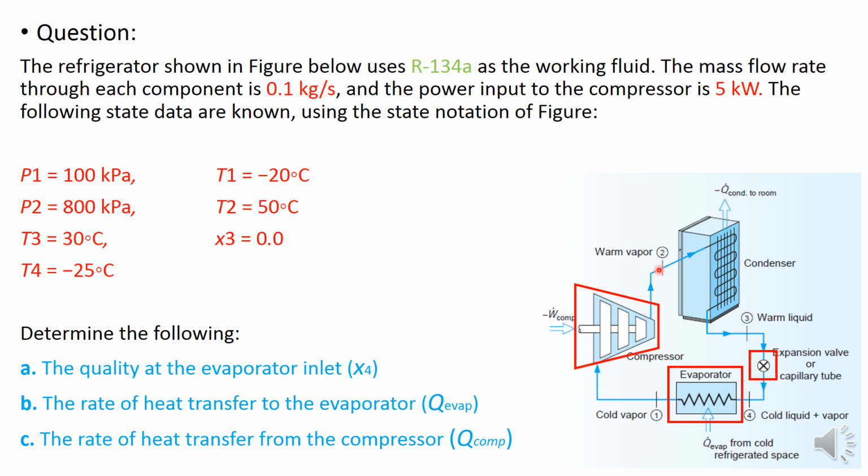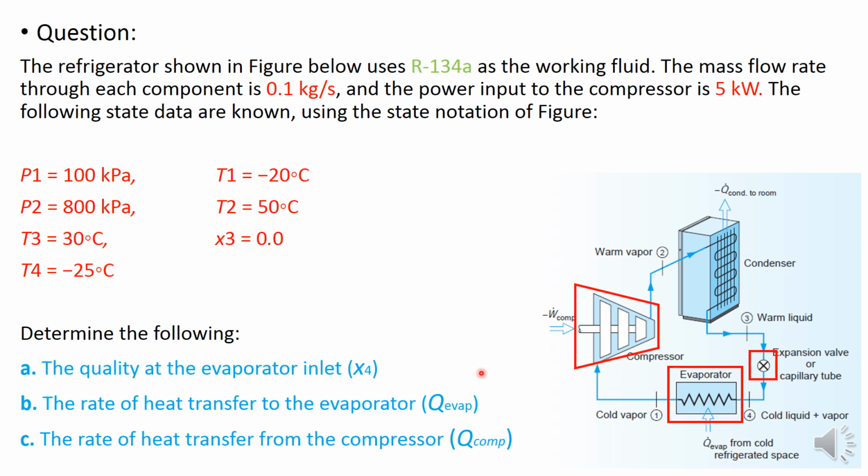T3 and X3, that is after condensation process is over, the temperature of R134A is 30 degree Celsius and X3, dryness fraction or quality, is 0. That means here it is saturated liquid. X equal to 0 means saturated liquid. And then T4 is minus 25 degree Celsius. After it passes through an expansion valve or throttle valve or capillary tube, the state here temperature is minus 25 degrees Celsius. So this is about the figure.